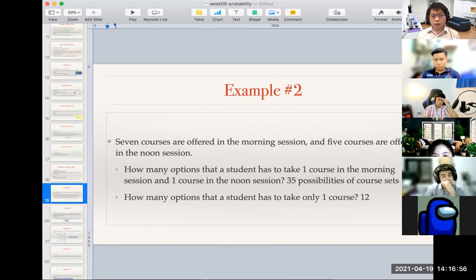But if the students have to take only one course from either the morning or the noon sessions, then the students only have 12 selections, 12 possibilities.